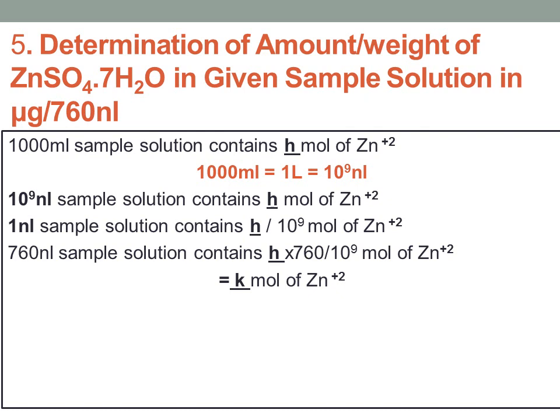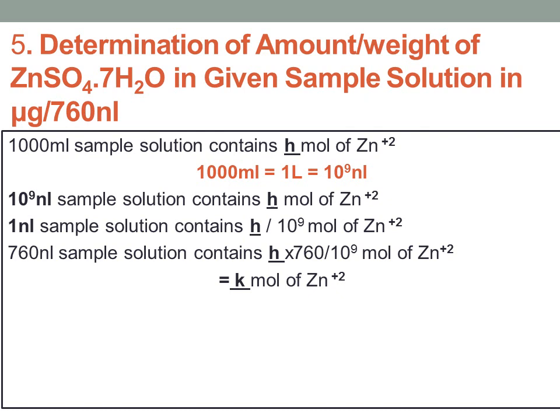So from 1000 ml to 760 nanoliter we are proceeding like 1000 ml is equal to 1 liter और वो equal है exponent 9 nanoliter के. So 760 nanoliter sample solution will contain H into 760 and divided by exponent 9. So in this way we will get K mole of zinc plus 2 per 760 nanoliter.